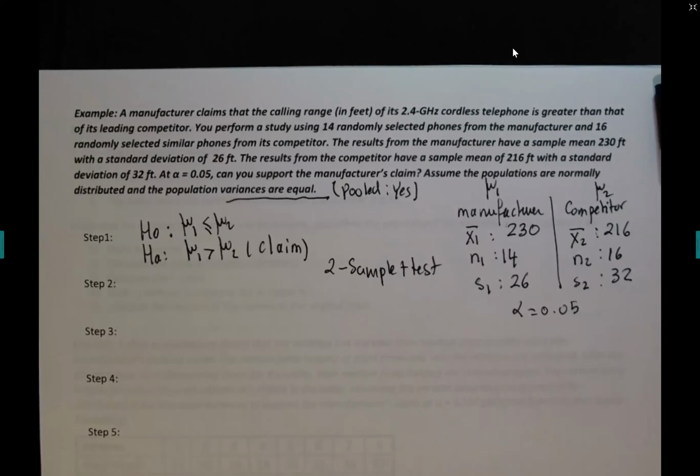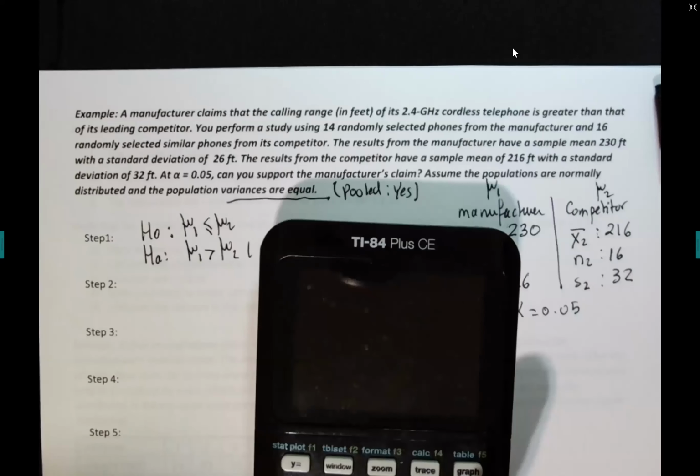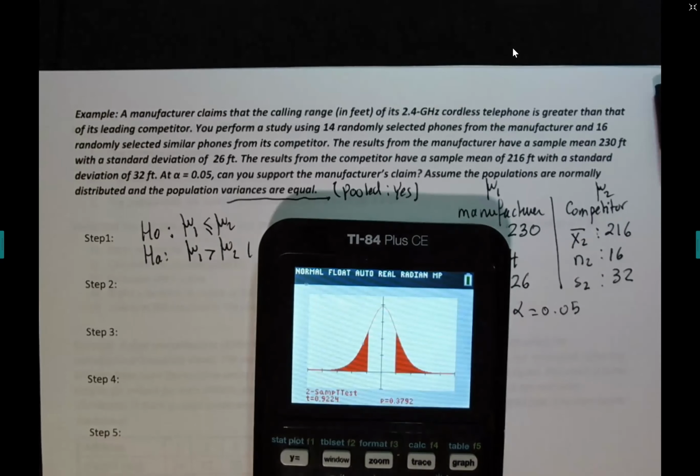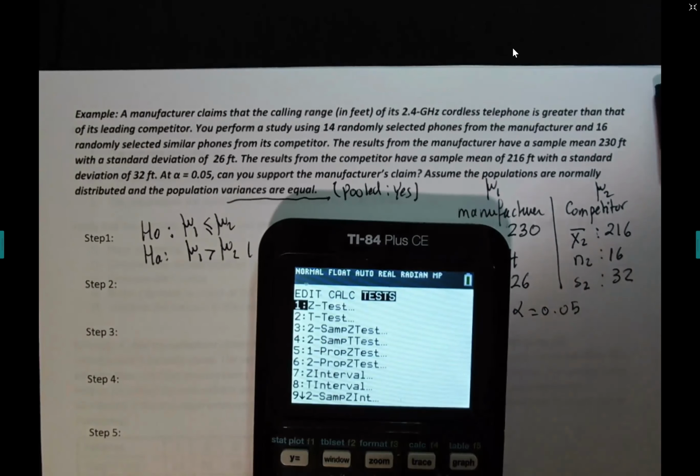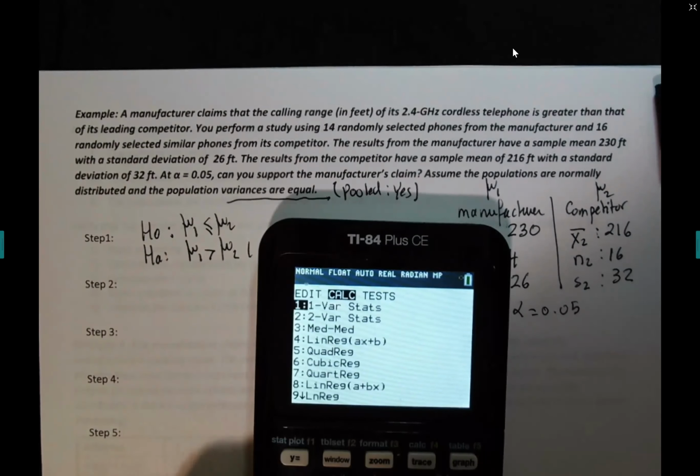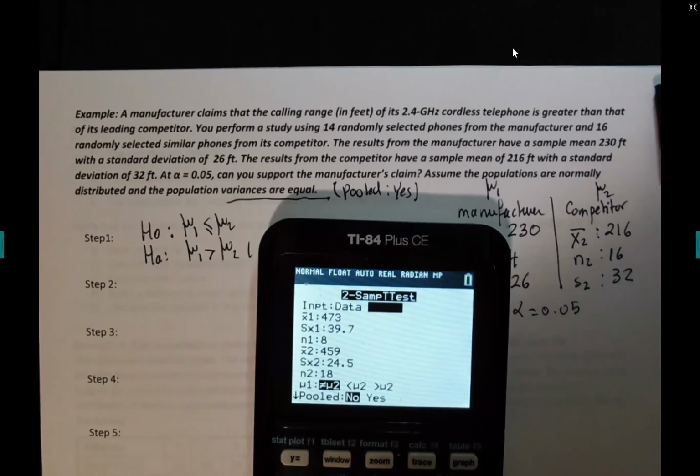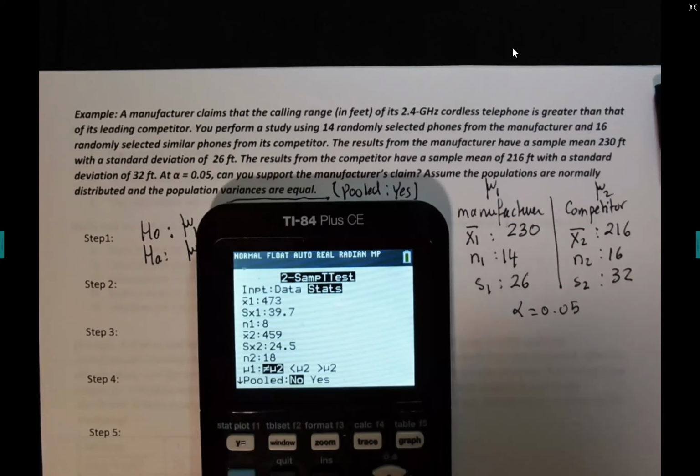All right, let's perform the test. Stat tests. X1 bar, 230. S1, 26. N1 is 14. X2 bar is 216. S2 is 32.